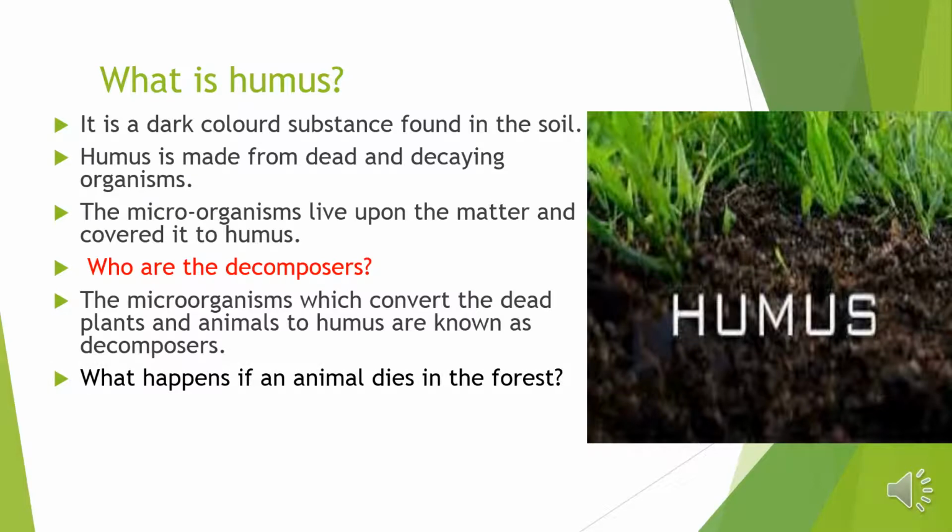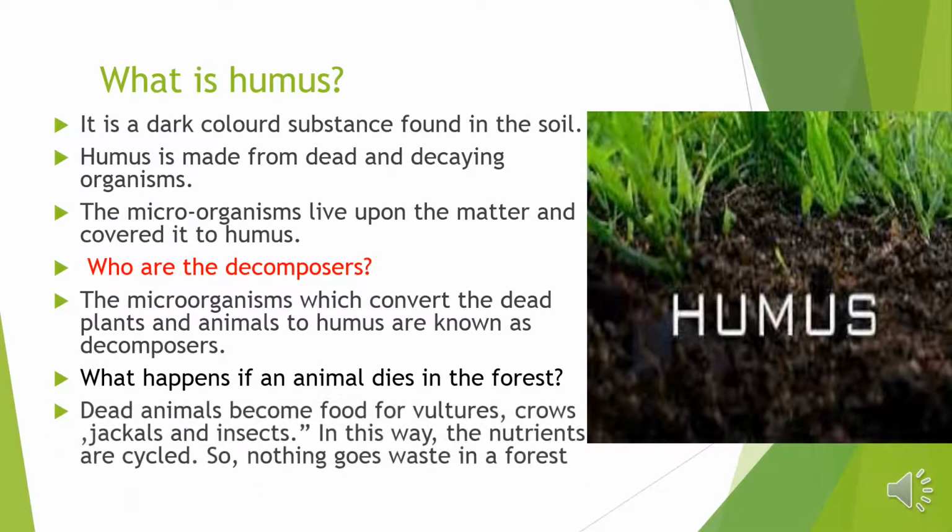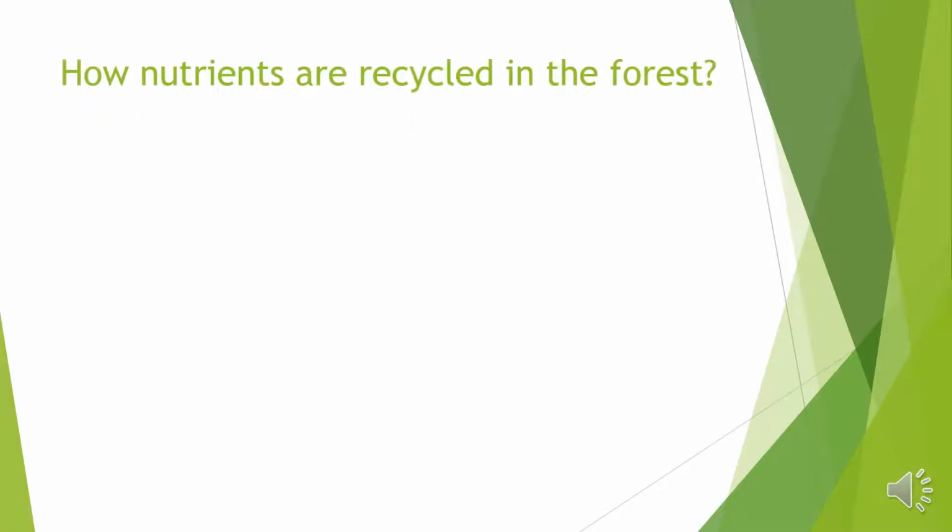What happens if an animal dies in the forest? Dead animals become food for vultures, crows, jackals, and insects. In this way, the nutrients are cycled, so nothing goes waste in the forest. How are nutrients recycled in the forest?